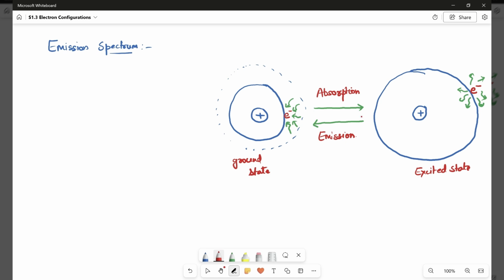So when they gain energy, they are absorbing and going to the next level. And when they release the energy, they come back to the original state. That's the emission spectrum, right?